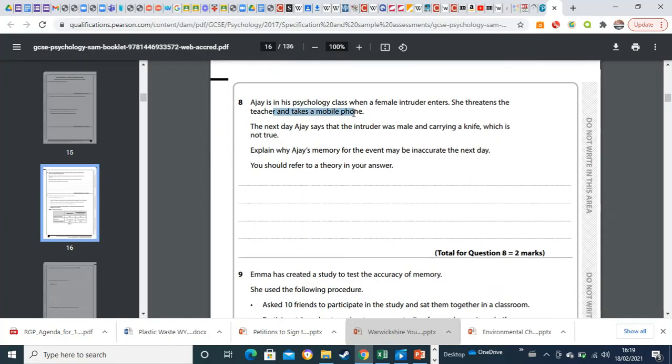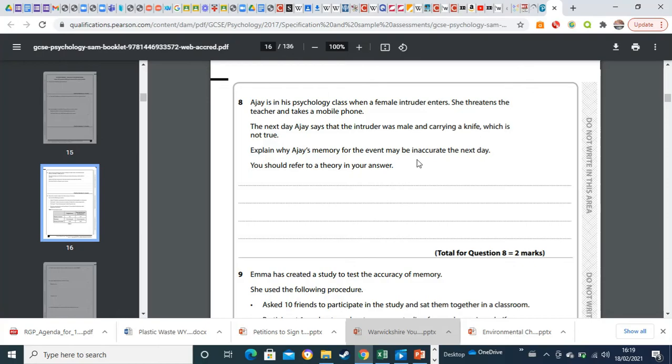Ajay is in his psychology class when a female intruder enters, threatens the teacher and takes a mobile phone. Ajay remembers the intruder as male and carrying a knife. Explain why Ajay's memory may be inaccurate. You should refer to a theory. So you could say the theory of reconstructive memory states that Ajay's schema, a simplified mental representation of the event of robbers or intruders, would be a male carrying a knife.